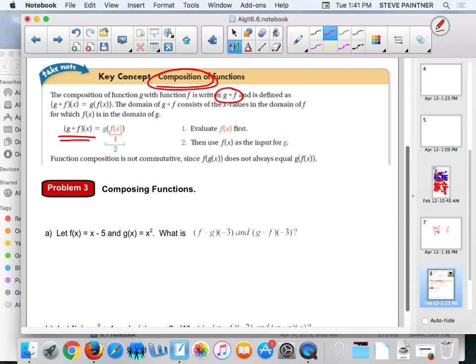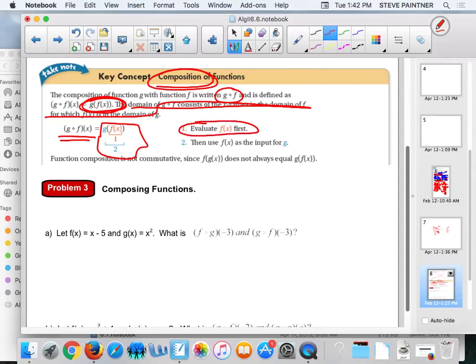So this is telling us to take the function f, get an answer, stick it into function g, get another answer. It says h is defined as g of f of x, and they write it like this instead. This is how I always write my composites: g of f of x. I'm not talking about the domain here. Now when you write it like this, guys, g of f of x, what they try to tell you here is this. First do what function?